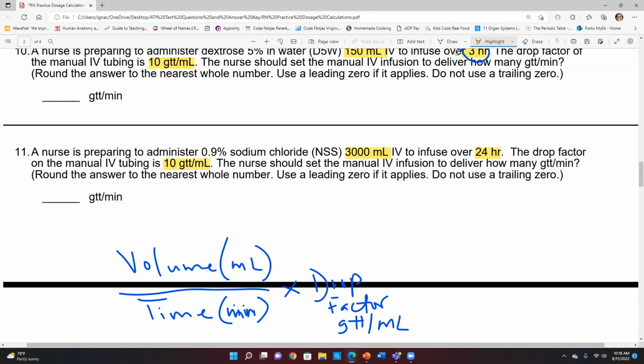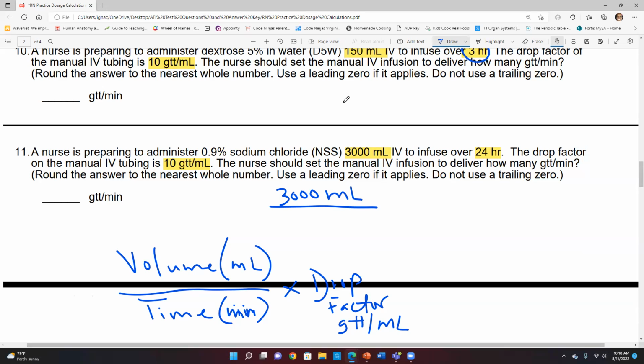So let's go ahead and plug these numbers into our formula. So the volume in mLs is going to be 3,000 mLs. And the time that's given to us is 24 hours.